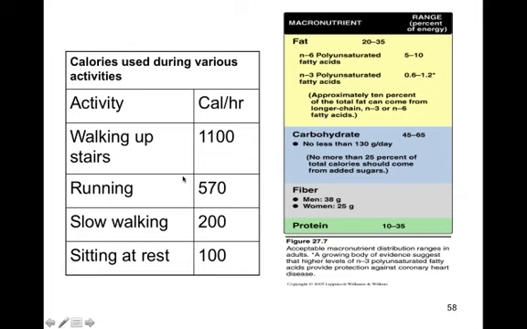This slide really throws up some estimated numbers of how many calories are burned during each of the activities. And on the right-hand side is a reference range for what percent of your calories come from a particular macronutrient. Carbohydrates form the largest group.